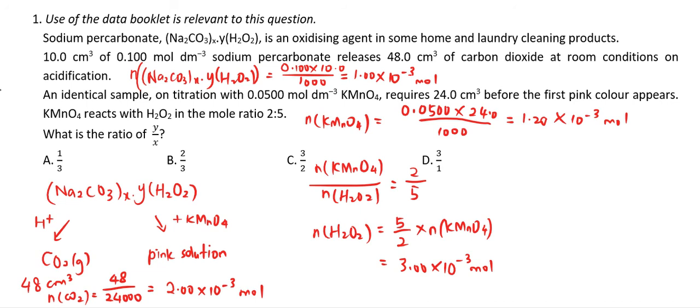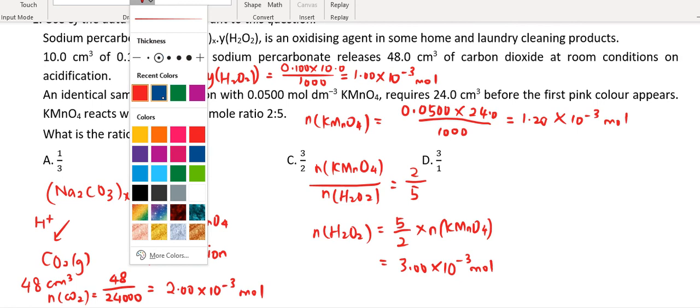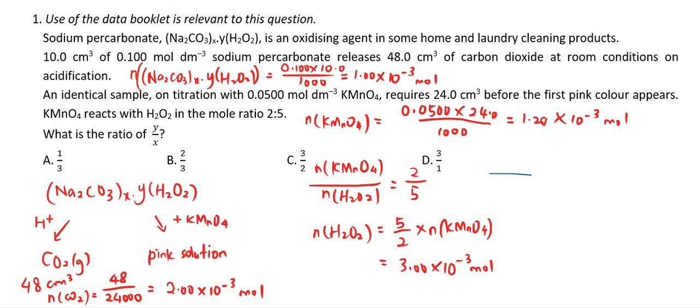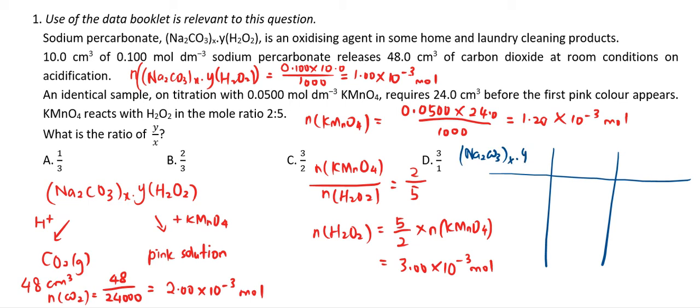Okay, so I want to write a table so that it's easier to see. I'm going to change the color of my pen. Okay, set to blue. So let me draw a table. I have 3 things. The sodium percarbonate, the very long formula, and write it smaller, X, Y, H2O2.